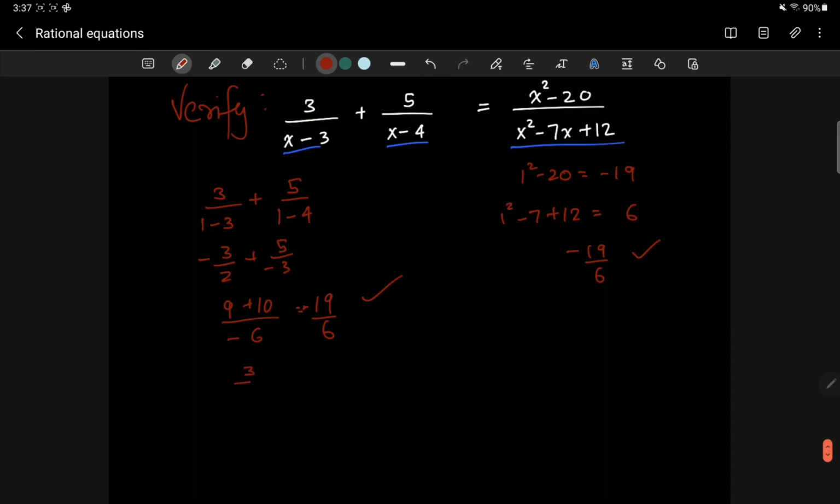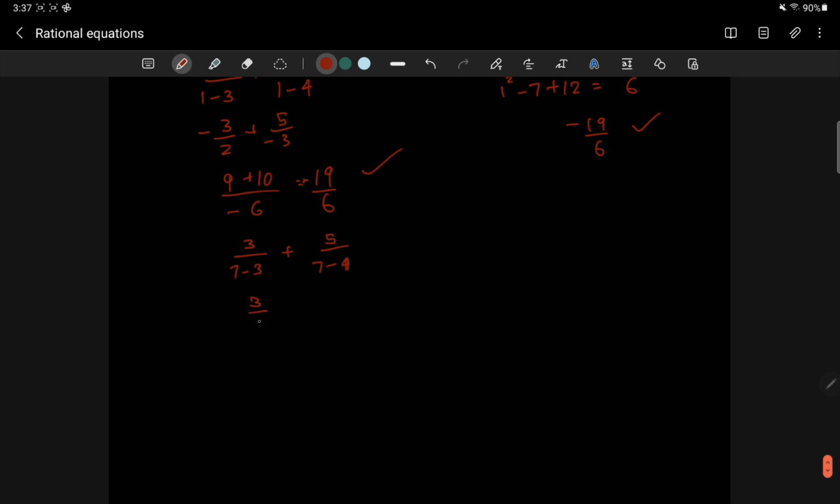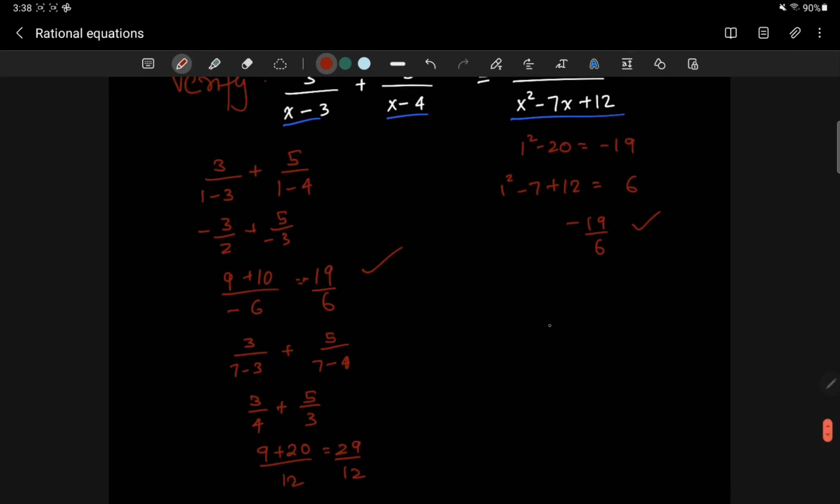With 7, it's 3 over 7 minus 3 plus 5 over 7 minus 4, which is 3 over 4 plus 5 over 3, that's 12. 3 times 3 is 9, plus 4 times 5 is 20. So this is 29 over 12. And on this side, this is 7 squared minus 20.